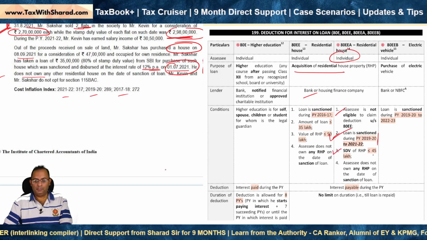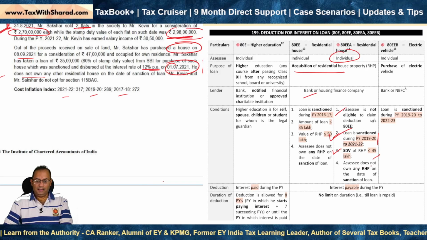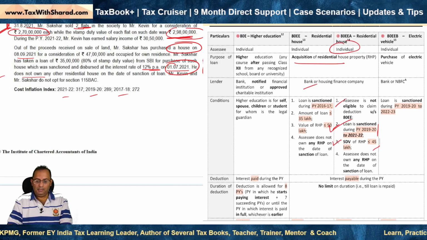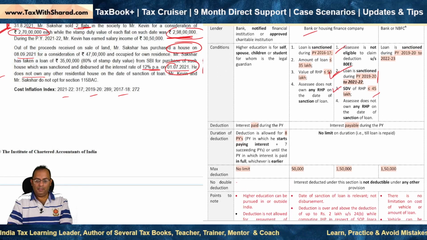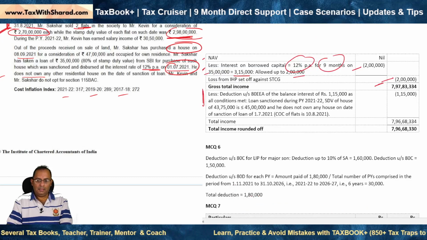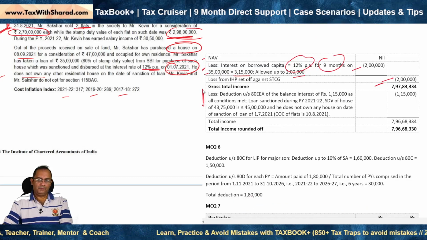SDV of house property should not exceed 45 lakh. Now, in our case, the SDV doesn't exceed 45 lakh, and the assessee does not own any residential house property on the date of sanction of loan, and therefore the interest payable during the previous year up to a limit of 1,50,000 is allowable as deduction. Now let's look at our case.